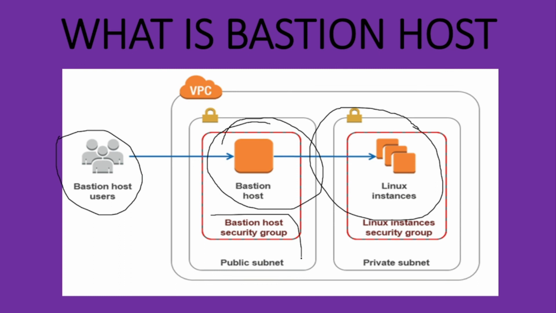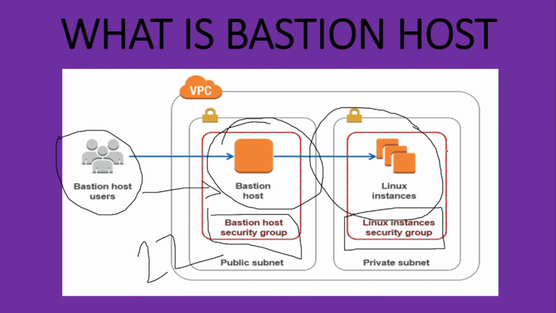We have allowed port 22 on it so that we can access it from our machine, and we have made a copy of the key pair of this EC2 instance on this machine. Then we enabled port 22 in the security group of these private EC2 instances so that we can connect from here.